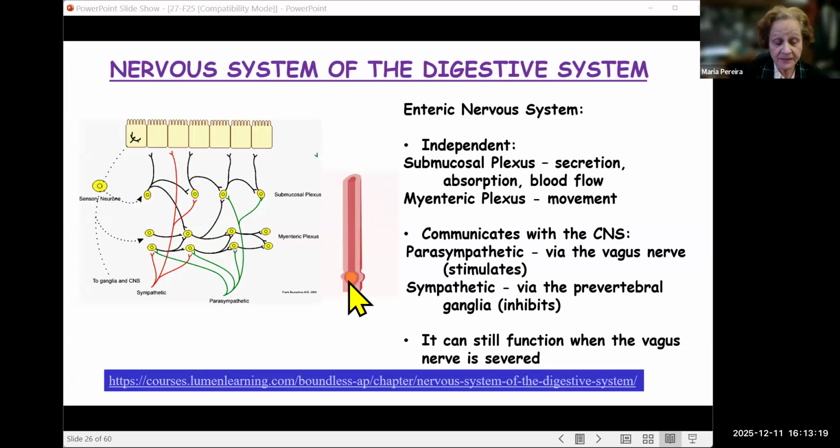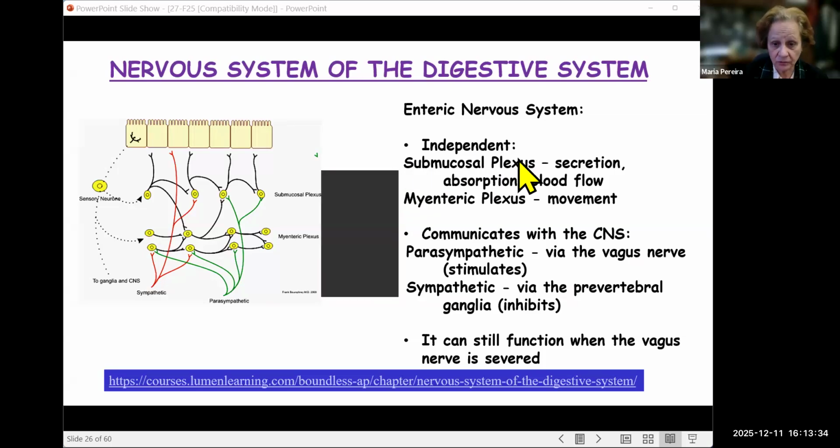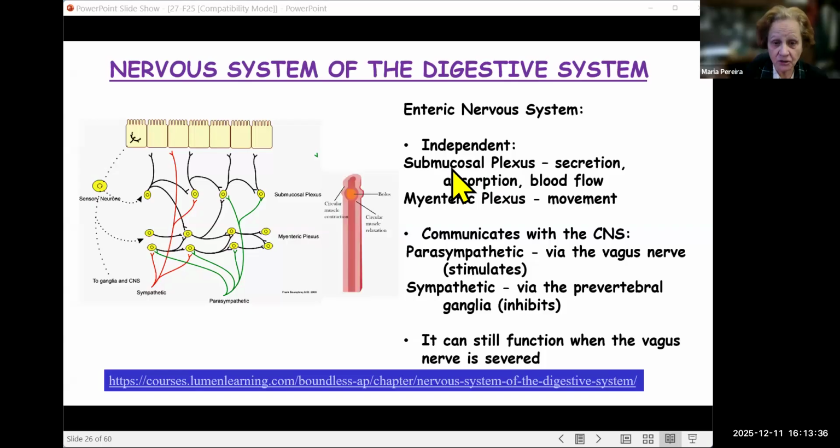So if it's not working properly at the sphincter between the esophagus and the stomach, then the food gets stuck there and leads to achalasia. And remember, the submucosal plexus, its function is to control the secretion, absorption, and blood flow. So the physiological functioning of the gut.